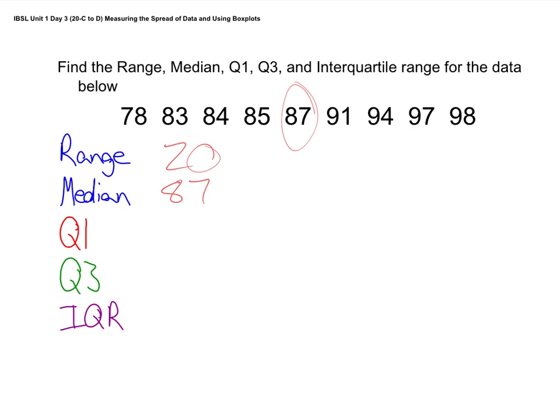Do we include the 87, or do we just do the middle of the bottom four scores? Isn't that up to us personally? No, it's not up to you, it's just math. Wouldn't 87 be the second quartile? Okay, good. 87 is our second quartile. We're looking for the first quartile.